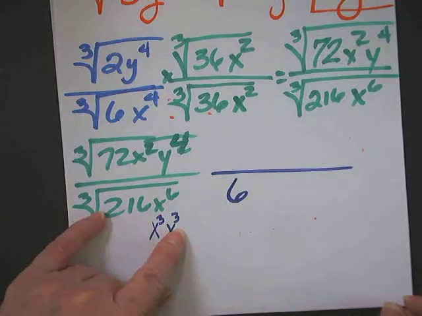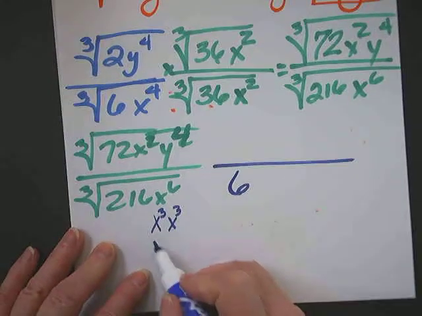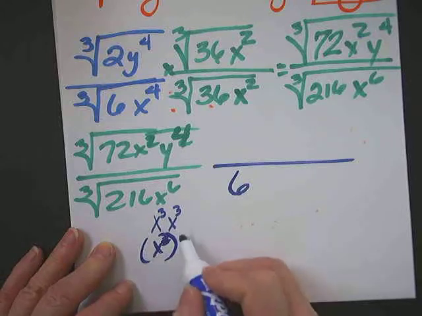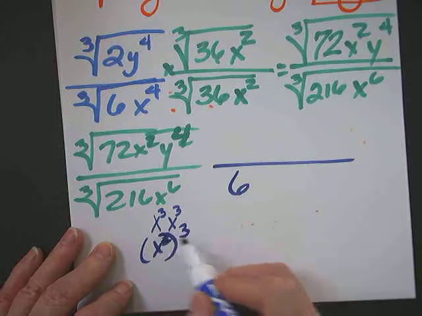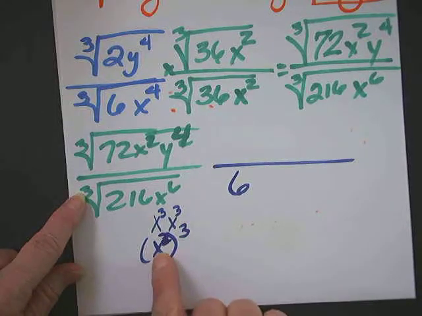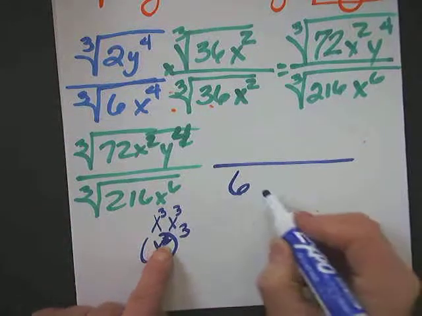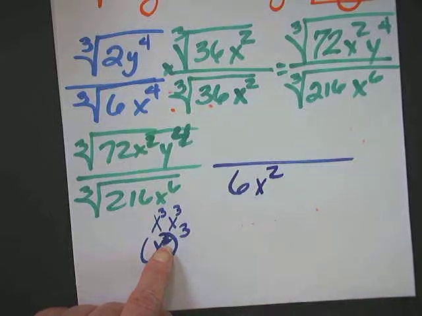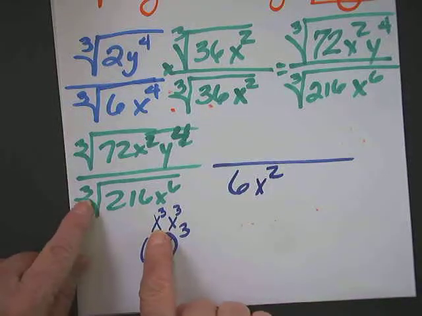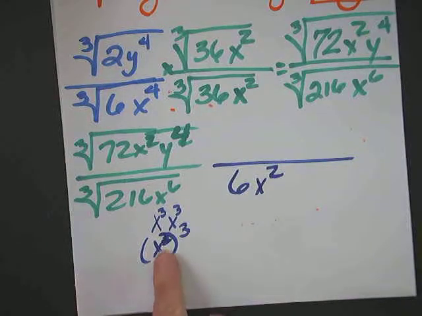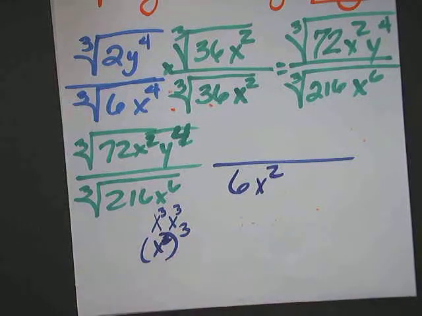X to the 6th. That's x to the 3rd times x to the 3rd, right? So this one comes out as an x, and that one comes out as an x. So you have an x and an x coming out, x squared. Or you could say this is x squared cubed.